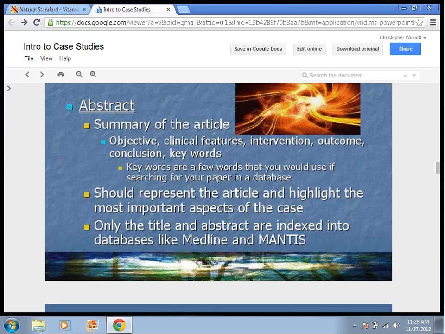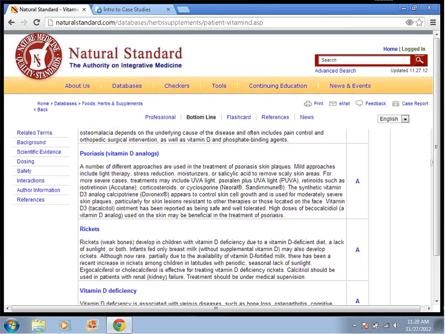So I should step back and say the best starting point is a research review. So search the literature first to find out, is what you want to publish on actually news to anybody? I'll use the example, we look at Natural Standard. I've noticed that when you prescribe vitamin D to patients with psoriasis, it helps. And so you might think, wow, this is awesome.